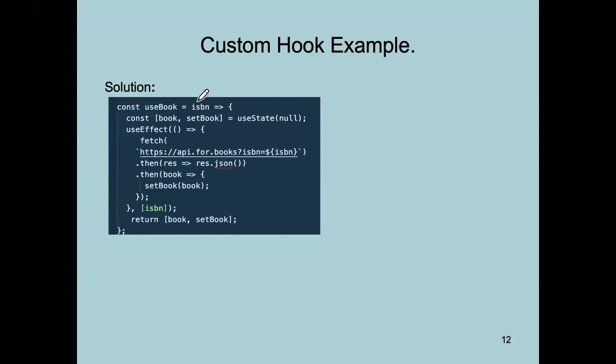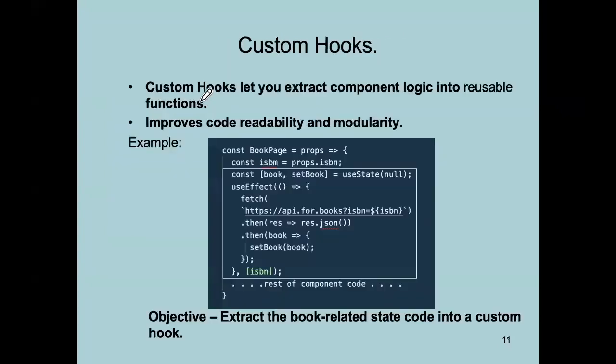Now, it would make sense that this function be passed the ISBN number, because that seemed to be what drove this code. The user entered an ISBN number. Well, in my case, it's being passed down as a prop, and that ISBN number is being used here to make the API call.